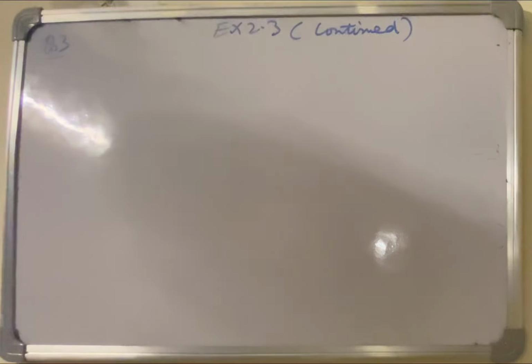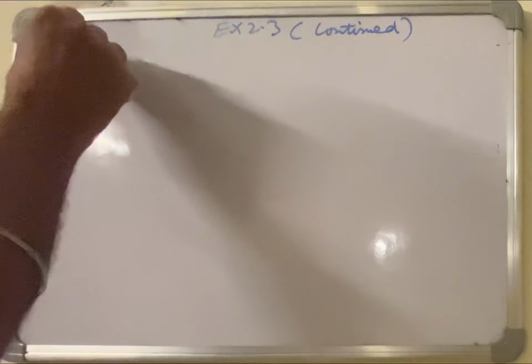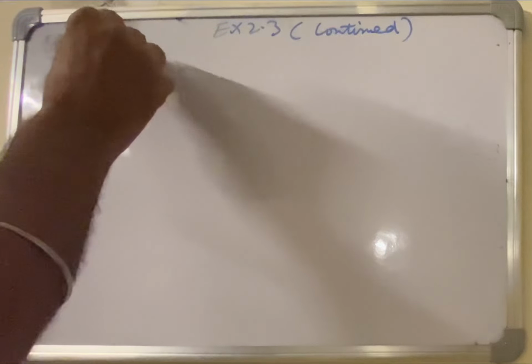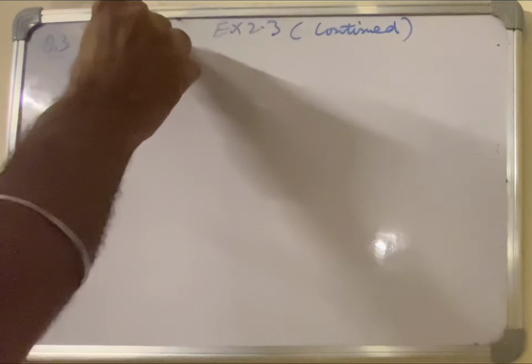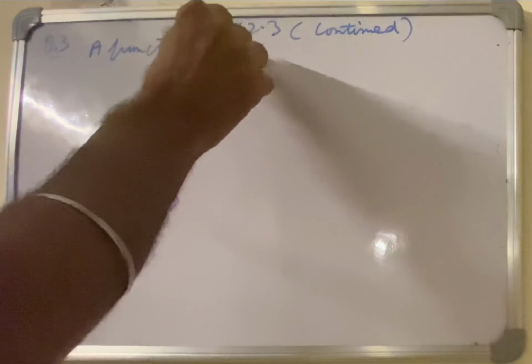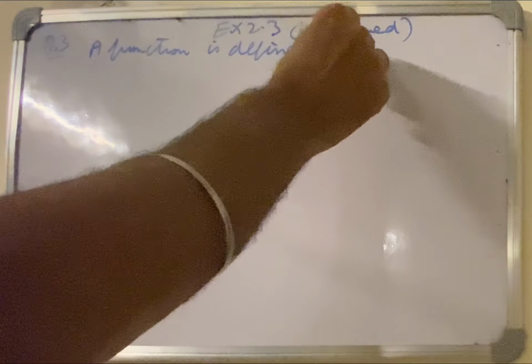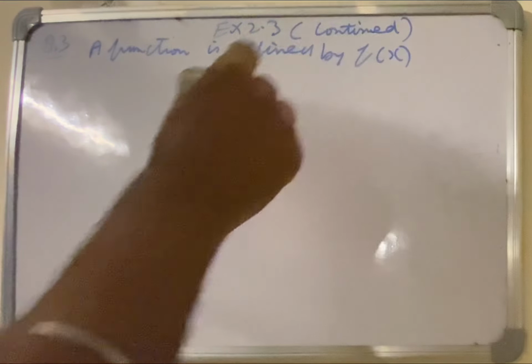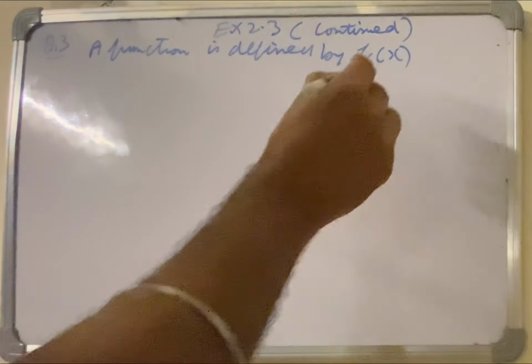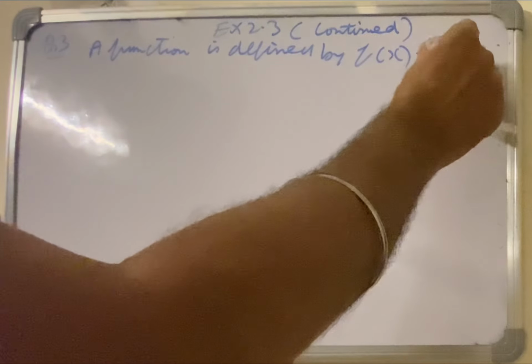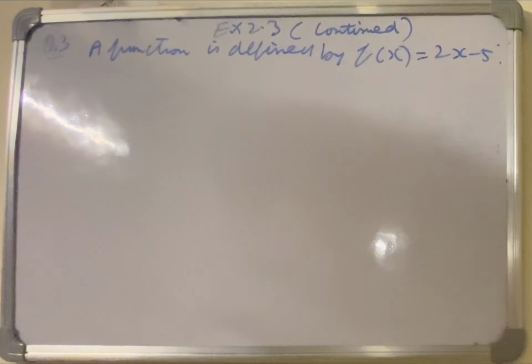A function is defined by f(x) is equal to 2x minus 5.